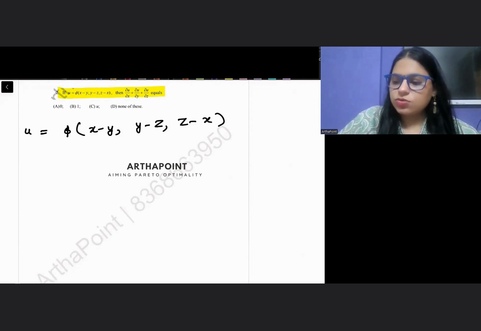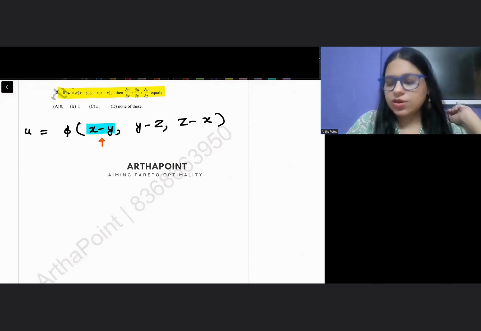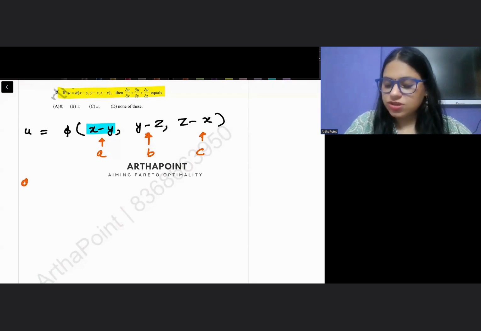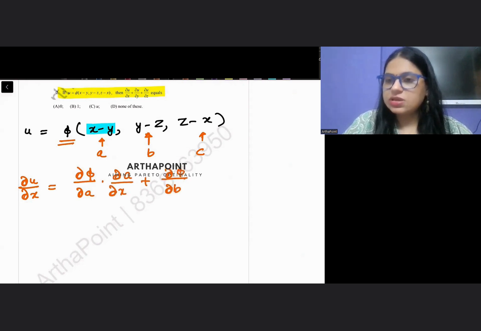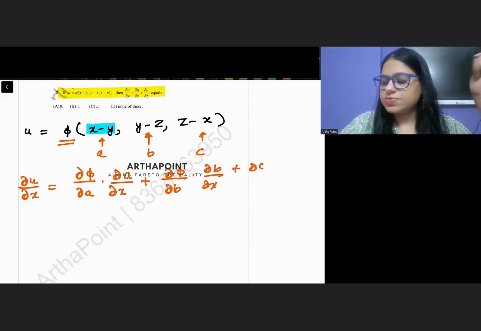To ease it out, let's take these to be A, B, and C. If I have to differentiate the function with respect to x, I must use the chain rule: differentiate with respect to A and A with respect to x, plus with respect to B and B with respect to x, plus with respect to C and C with respect to x.